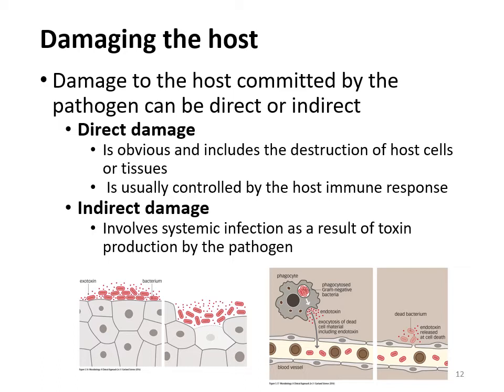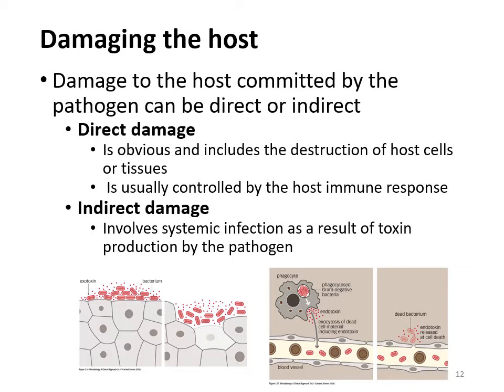So when we talk about damaging the host, there are two big categories to remember. There's direct damage or indirect damage when we're talking about damage being caused by the pathogen itself. If it's direct damage, then you're basically going to think of it as the direct damage from the physical pathogen itself.